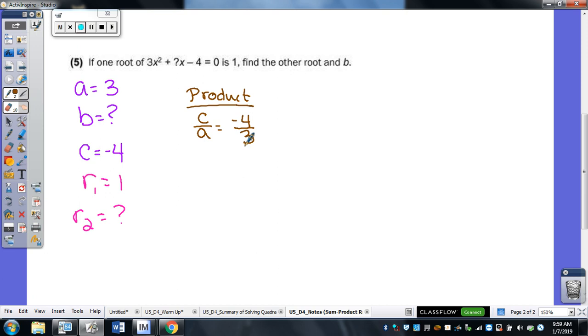So to figure out root number 2, I would do root 1 times root 2 has to equal negative 4/3 based on my equation. Well, anything times 1 is what? Itself. So 1 times root 2 is really still just root 2. So root 2 has to be negative 4/3. So we got the first part.